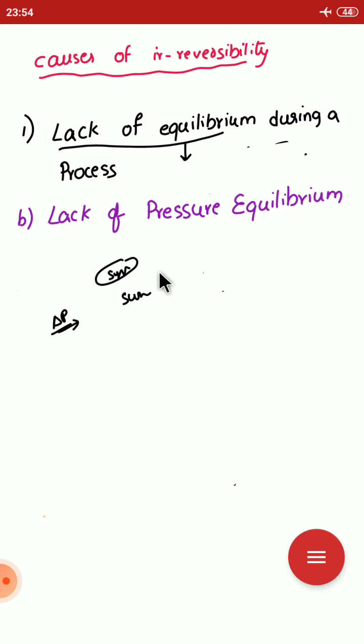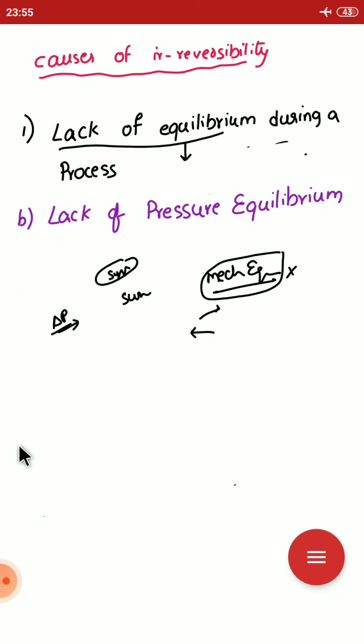This will cease only when the system is in mechanical equilibrium. Until then there is a change of state, but it won't be reversed on its own. If it did, it would be a violation of the second law of thermodynamics.